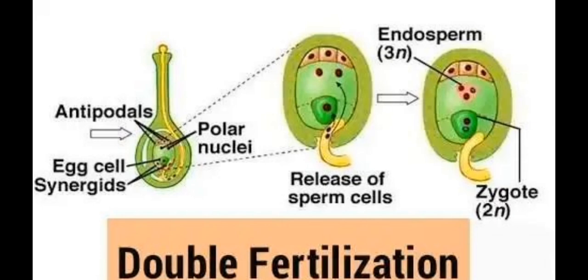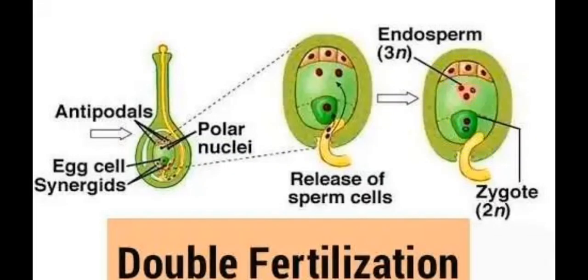One sperm from the pollen grain fertilizes the egg to produce the embryo of the seed, and also we have the central cell, which is triploid, getting fused with another cell from pollen. So it is double: 2 sperm cells and 2 cells getting fertilized.